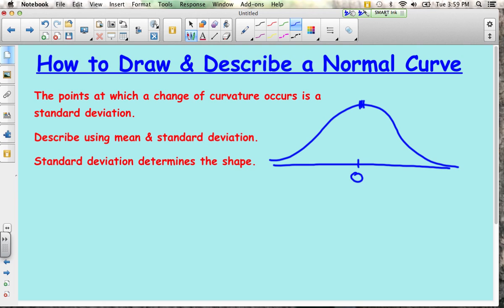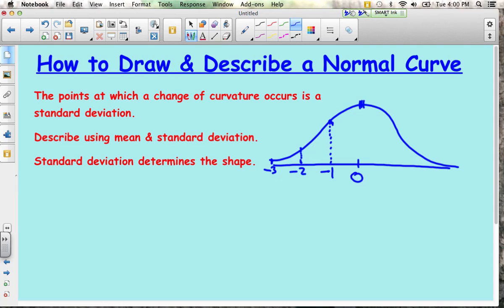Where it starts to curve here, we're going to drop down, and we're going to make that a standard deviation of -1. And where it starts to curve right here, we're going to make that a standard deviation of -2. And when it starts to flatten out right here, we're going to make that a standard deviation of -3.